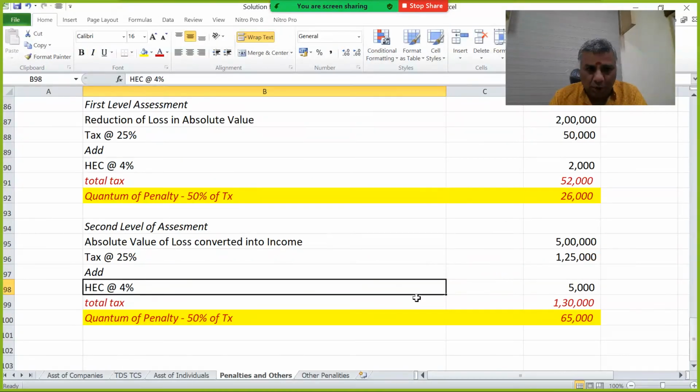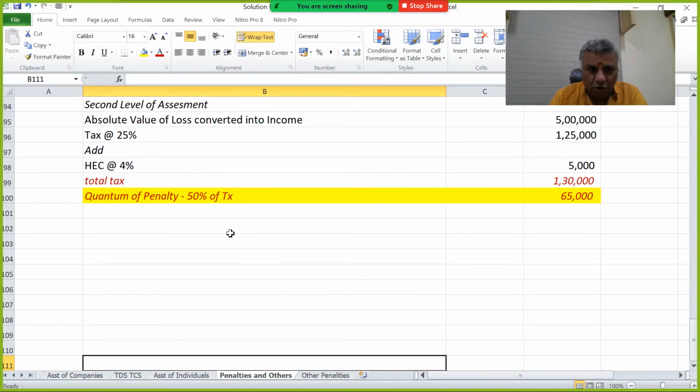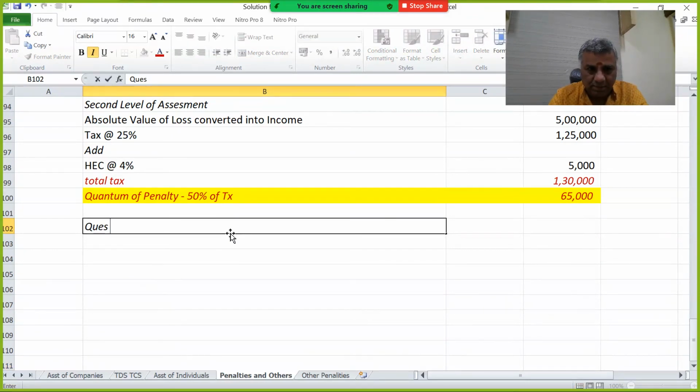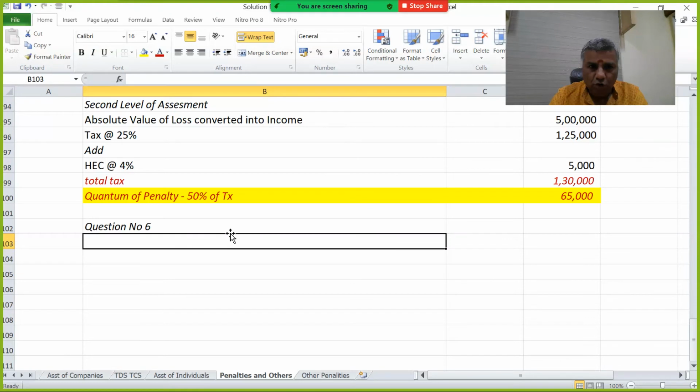Before going into question number 6, for companies, how to compute tax penalty: A plus B, A minus B plus C minus D, into 50% or 200%.